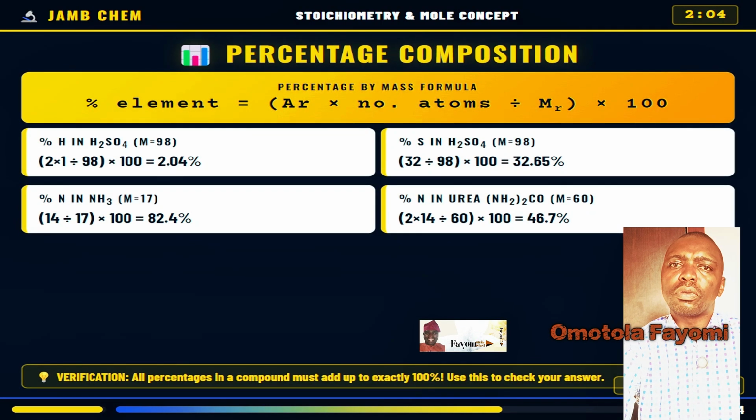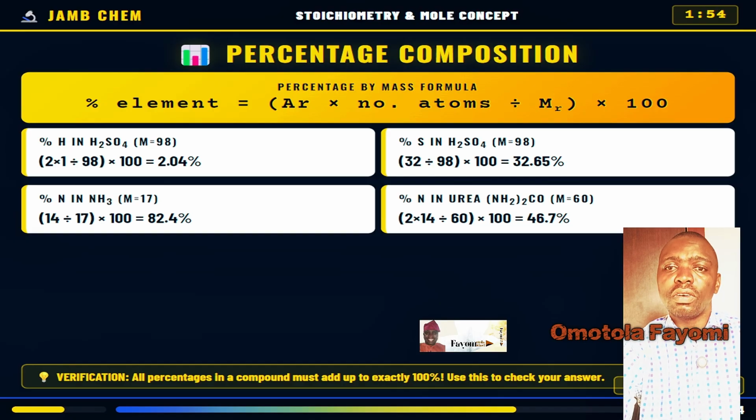Now, percentage composition asks what percentage of a compound's mass comes from each element. The formula is percentage equals atomic mass times number of atoms divided by molar mass times 100. Quick example. In H2SO4, that's sulfuric acid, with molar mass of 98, the percentage of hydrogen is 2 times 1 over 98 times 100. That's just 2.04%. The percentage of nitrogen in ammonia, NH3, molar mass 17, is 14 over 17 times 100.